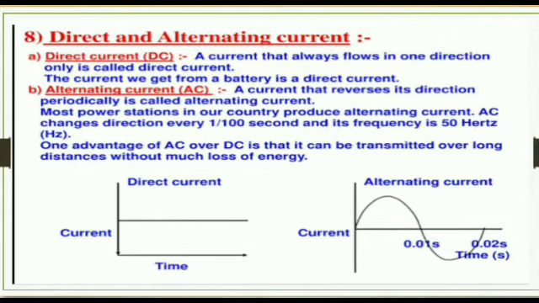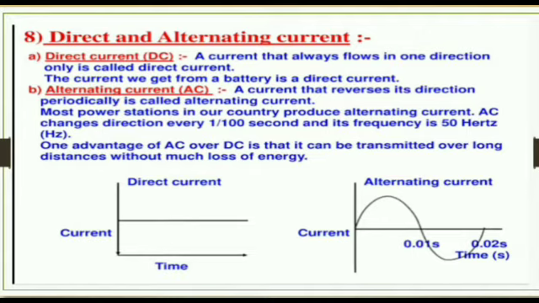Hertz is the unit of frequency. If you go to the meter box, the voltage and the frequency are mentioned there. The frequency of AC current is almost constant at 50 hertz, right?